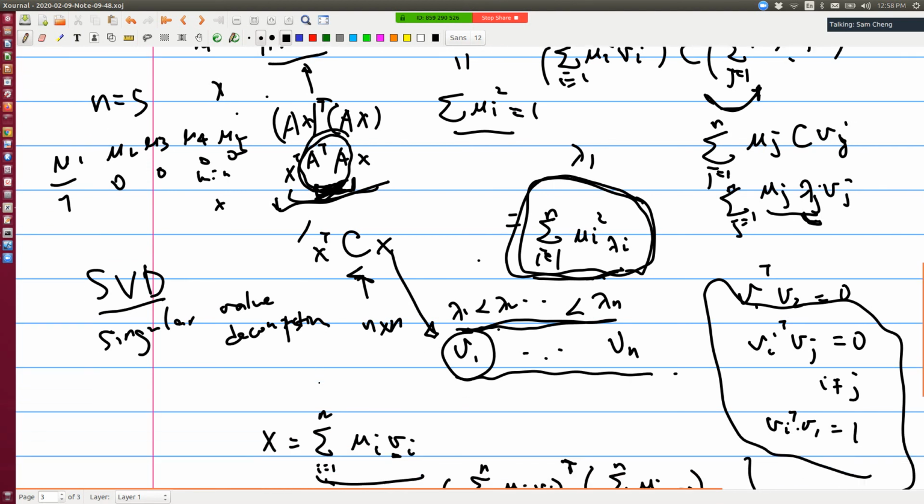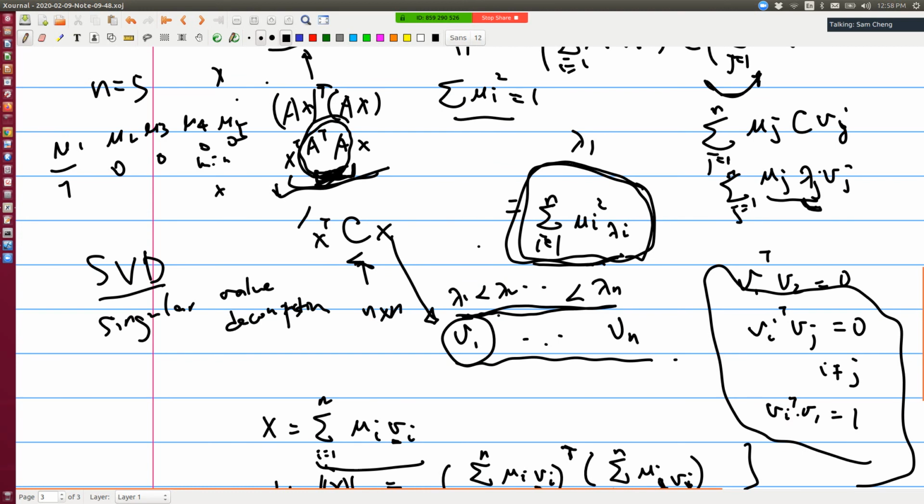Okay. So unlike eigenvalue decomposition, where you need a square matrix, the nice thing about singular value decomposition is that it can be any arbitrary matrix.